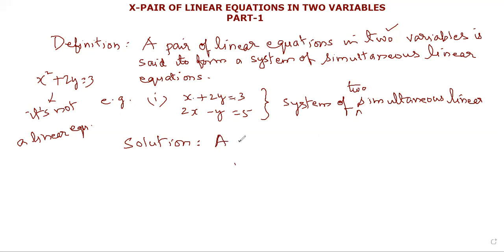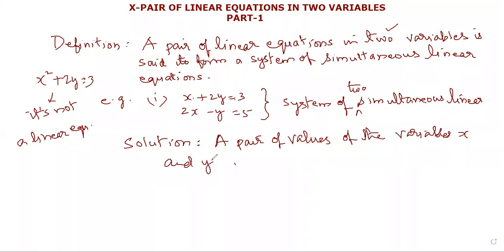So we can say a solution of a pair of linear equations, or system of linear equations, is a pair of values of the variables x and y. You will solve and get the values of x and y which satisfy each one of the equations in the system.